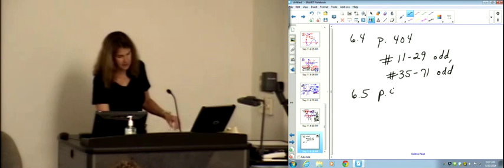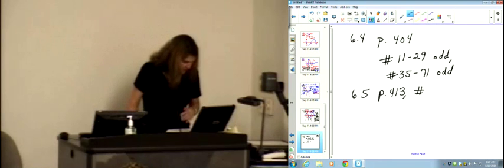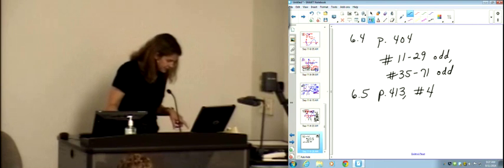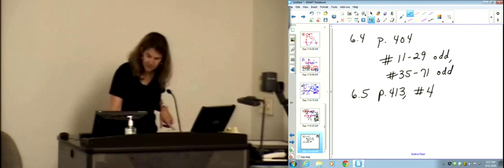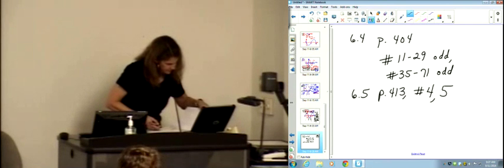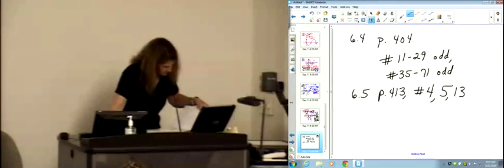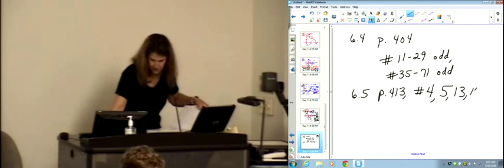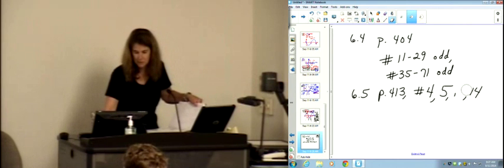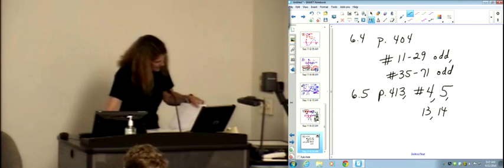In 6-5, I think you can do a few of these with cosecant and secants. I didn't pick out the exact ones yet. So 4, 5, oh, I missed some here. Sorry. Let's change that up a little bit. 4, 5, we are going to get 13 and 14, but there were some before that I missed somehow.